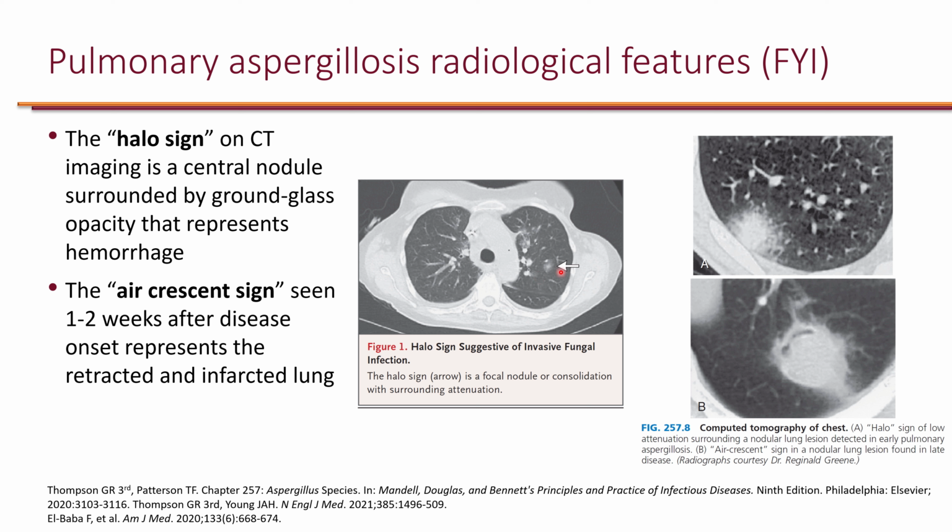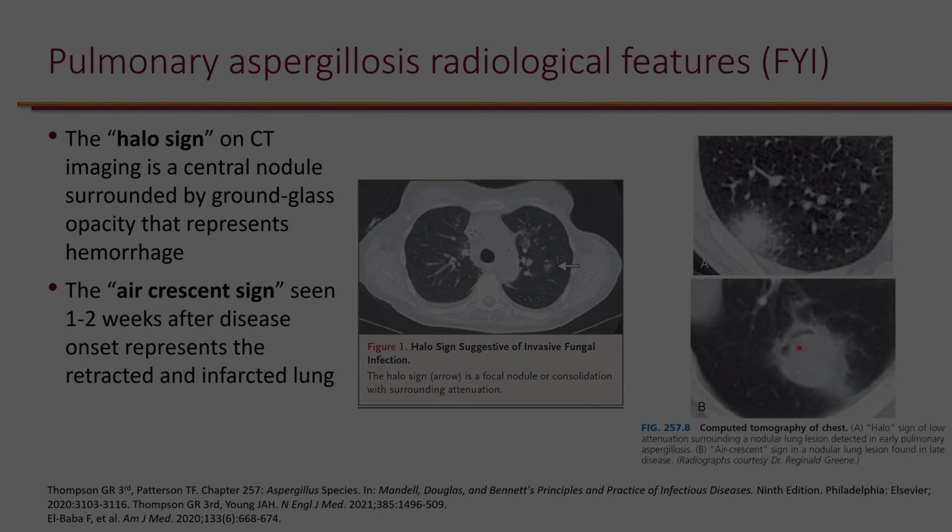So when you hear the halo sign, essentially they're looking at a CT image, and that's a central nodule surrounded by ground glass opacity that represents the hemorrhage. And then another thing that you will see 1 or 2 weeks later is the air crescent sign, and that's essentially the retracted and infarcted lung.